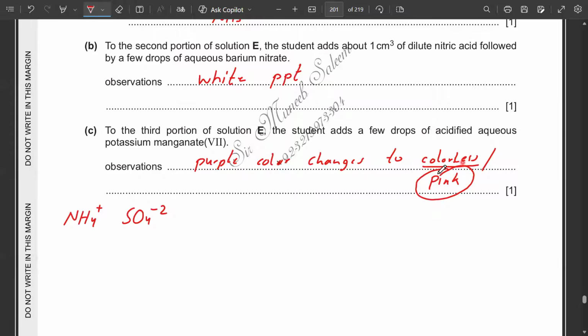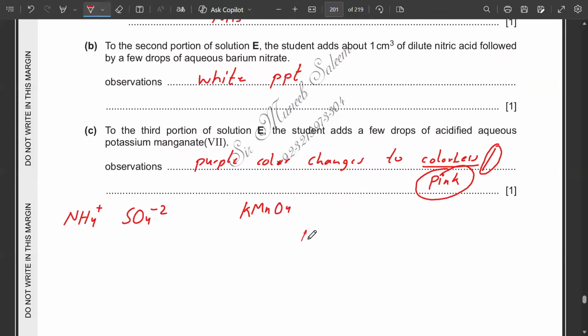So they should have used this oblique sign between the two answers, colorless or pink. So even if you write colorless, that's also correct. If you write pink, that's also acceptable, because they are two shades provided by the KMnO4. When it is reacted with the compounds, it can show both colors.